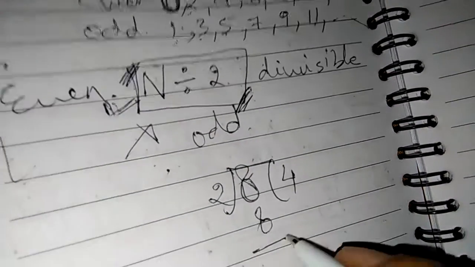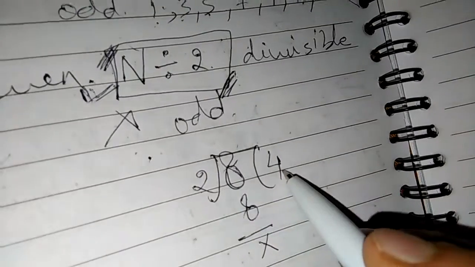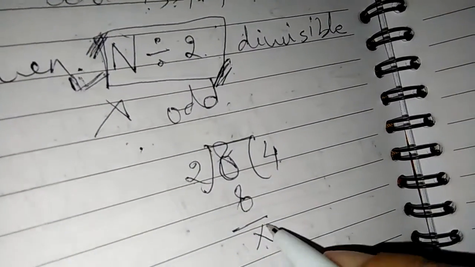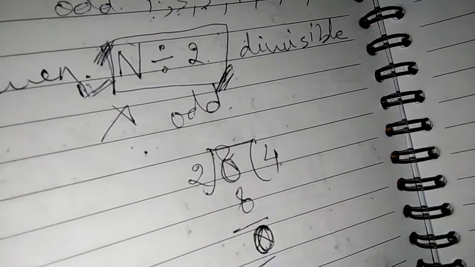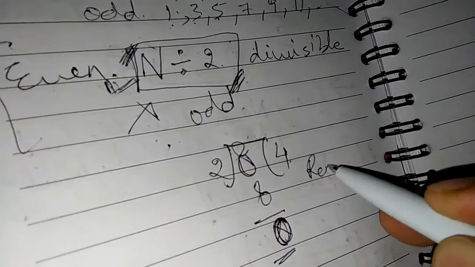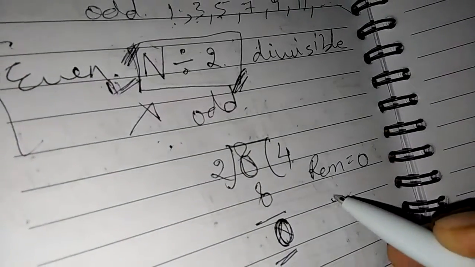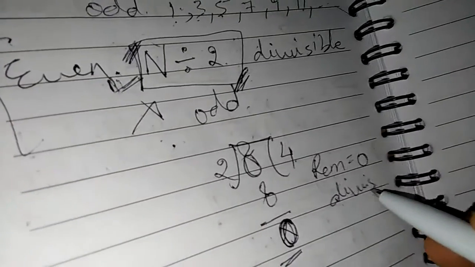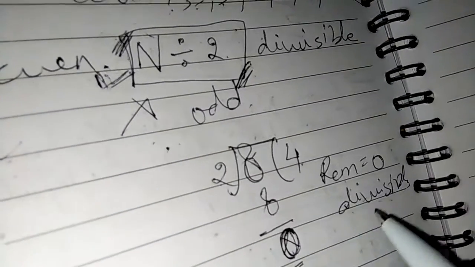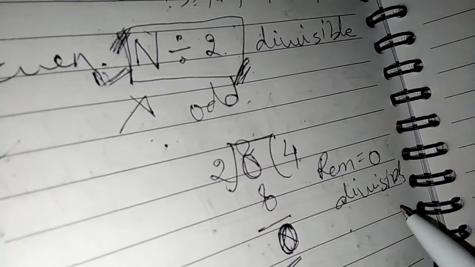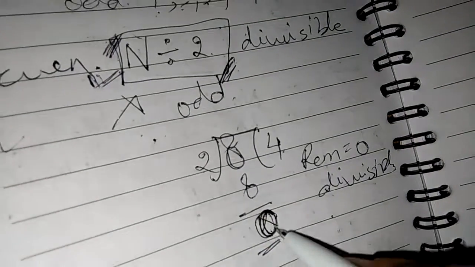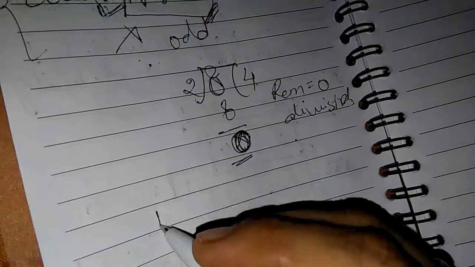After dividing 4 times, we will not get any remainder, that is, the remainder is 0. So if the remainder is 0, then divisible, else not divisible.